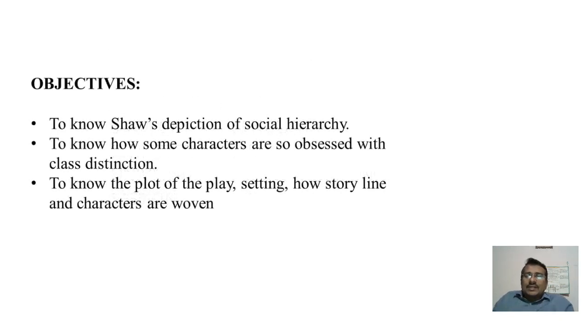In this session, there are some objectives. We have already looked at the core concerns of G.B. Shaw, his background, and his influences in the previous slides. In this session, we are going to learn how Shaw depicts the social hierarchy in the first scene of the drama, and also the characters who are so obsessed with class distinction.